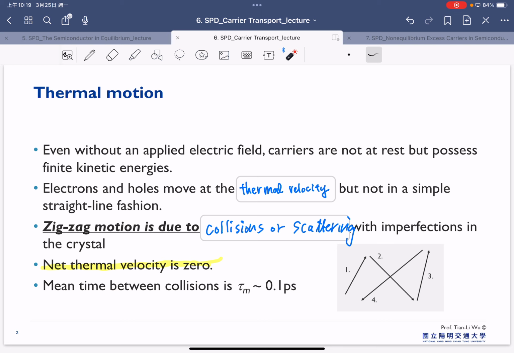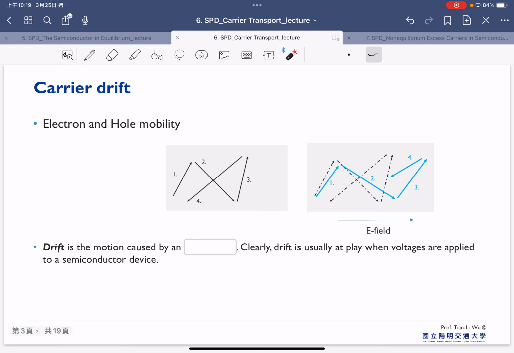Now, the one we are interested in is when we have some external force. For example, one external force can be the electric field. This is the mechanism that we call the drift. The drift is a motion caused by an electrical field.